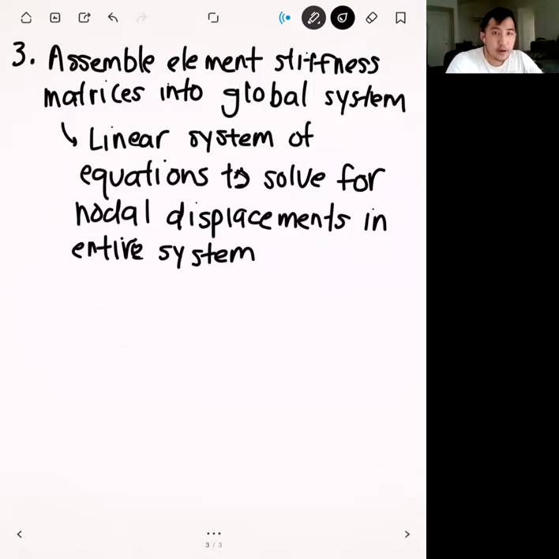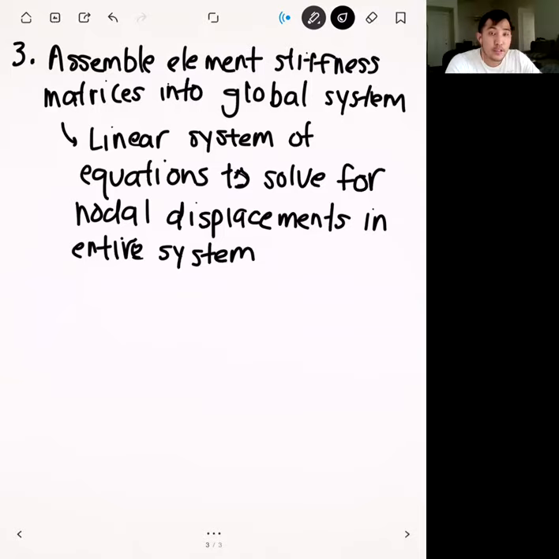I mentioned it before, but the goal for a lot of these computational methods, we're doing finite elements in this class, but there's also things like finite difference and finite volume, is that you want to formulate your problem in the form of a system of linear equations, because solving a system of linear equations has been studied for eternity, and computers are actually really, really good at it.